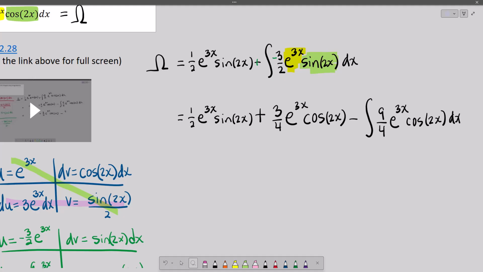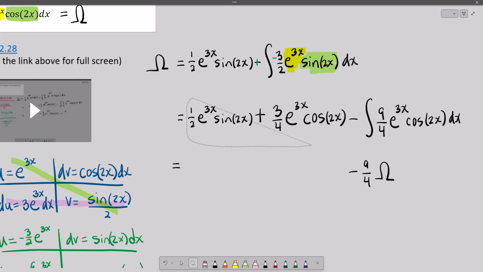And so the nice thing about putting that minus sign up in here is that it just got a lot cleaner here. We didn't have to worry about distribution. It just simplifies our life a little bit. So now this is where we notice that on the right-hand side, this is just minus 9/4 times capital omega.